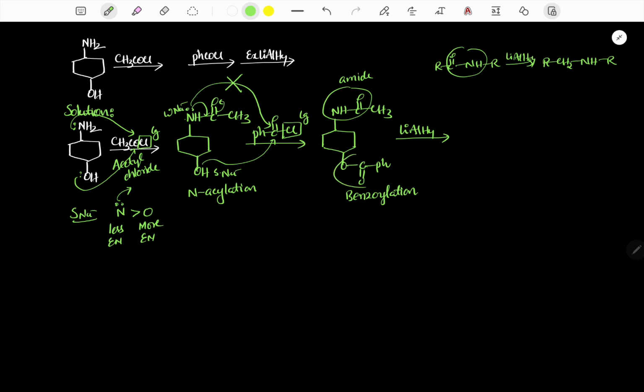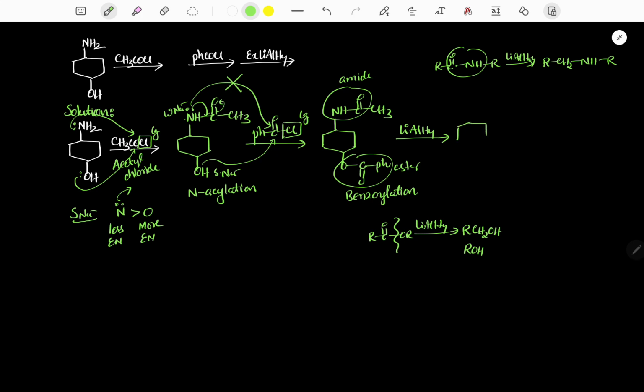Now this is a carboxylic ester part. When a carboxylic ester is treated with lithium aluminum hydride, it undergoes reduction. Finally, it gives the corresponding RCH2O minus, and after acidification, OH.